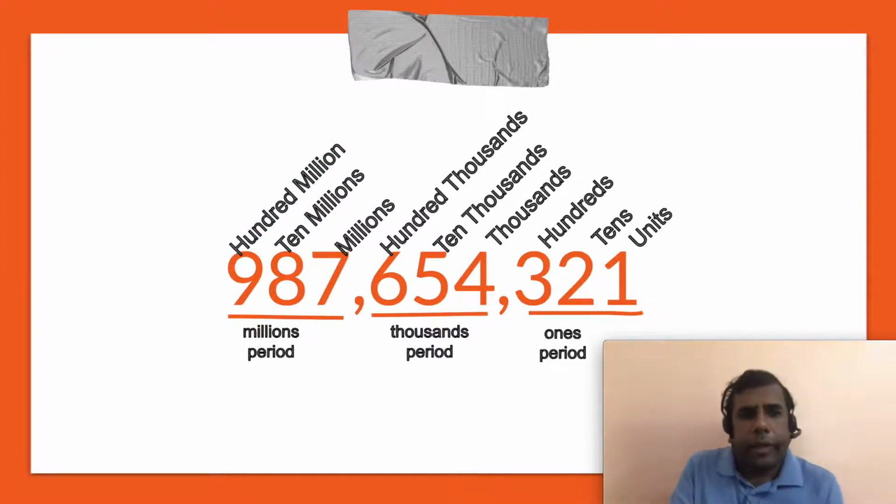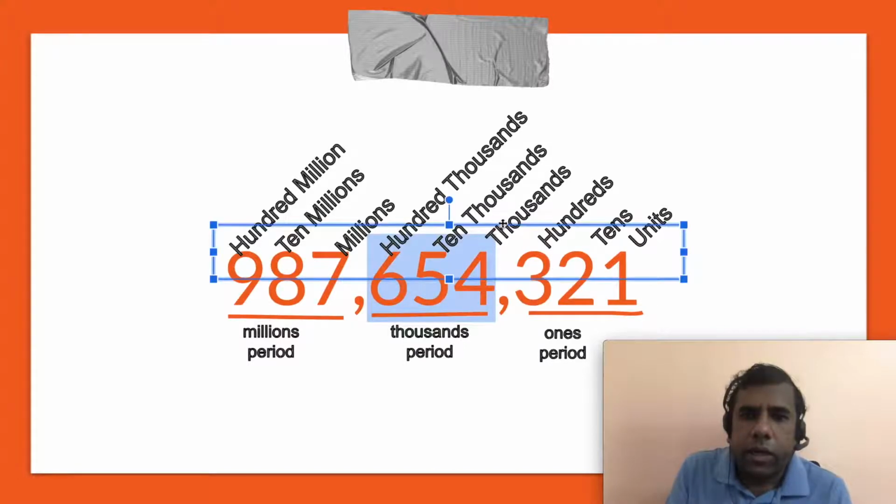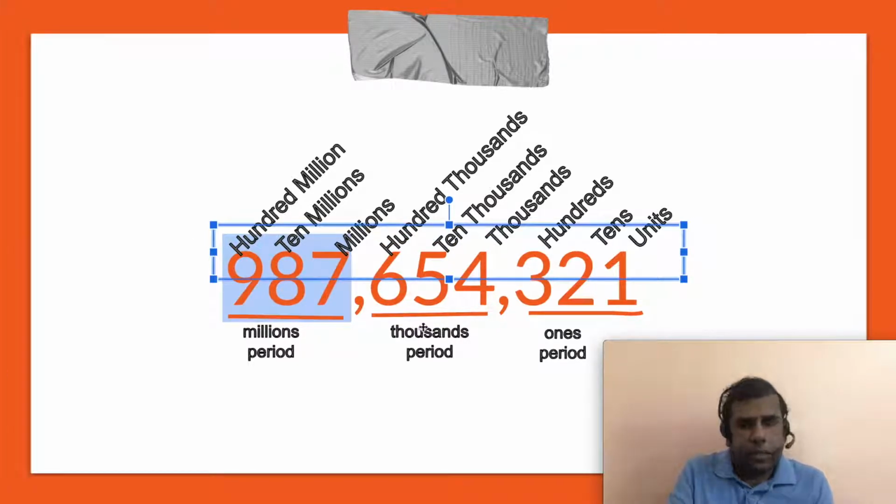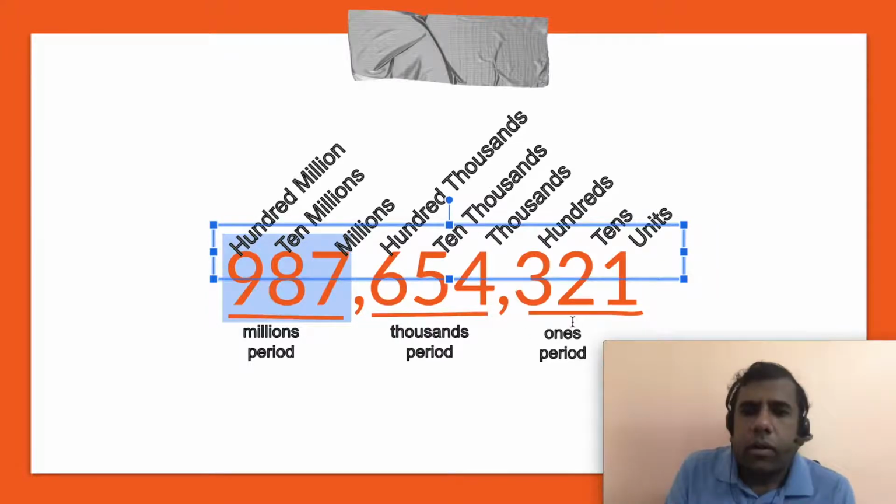The corresponding periods, right? There is the ones period, which has units, tens, and hundreds place. Then there is the thousands period, which has thousands, 10,000s, and 100,000s place. And then there is the millions period, which has millions, 10 millions, and 100 millions place. So again, each period is of 3 digits: ones period, thousands period, millions period, starting from the right side.